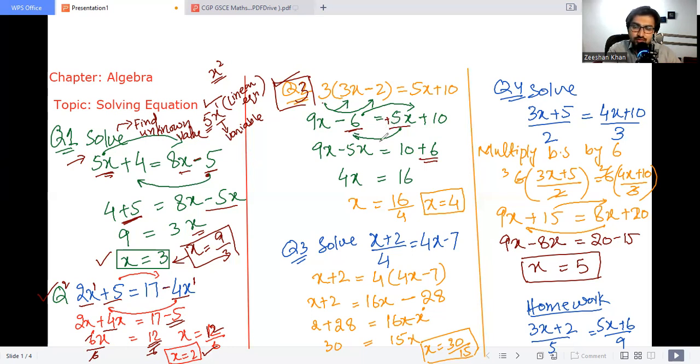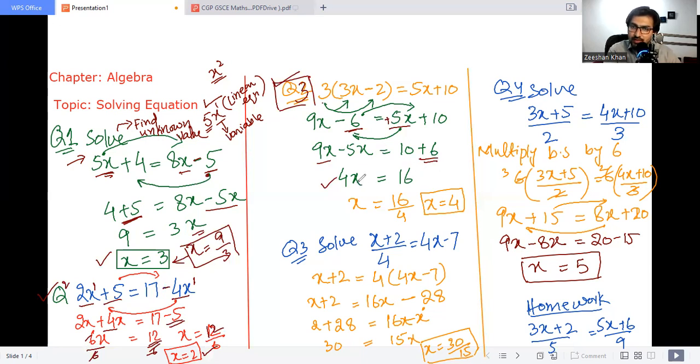You can do these shifts in two steps as well. There is no issue, but I have done it combined. So 9x minus 5x is equal to 4x, and 10 plus 6 is 16.